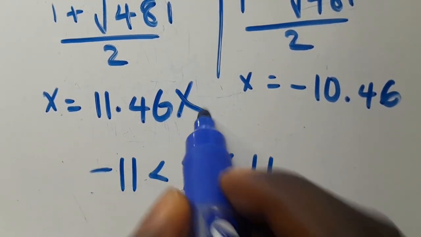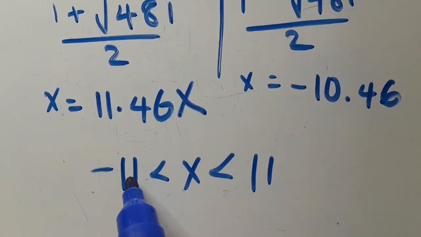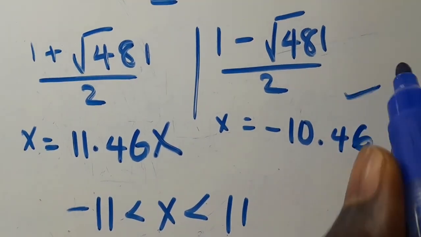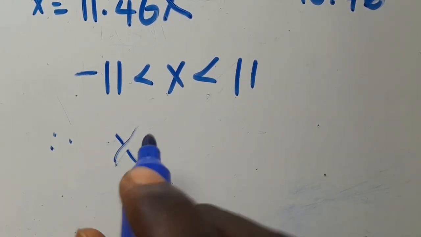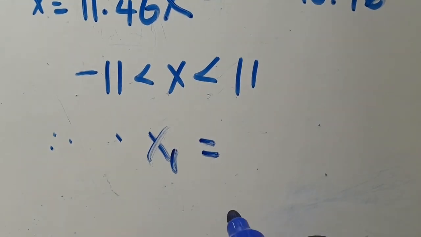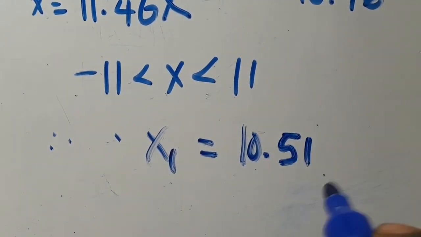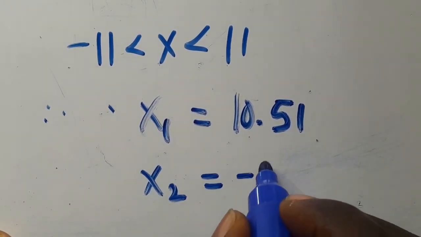Therefore, we didn't go along with this. Minus 10.46, that means this is greater than minus 11, and minus 11 is less than x. So therefore, we pick this as well. So finally, we can say the respective values of x are x1 equals 10.5, then x2 equals minus 10.46.